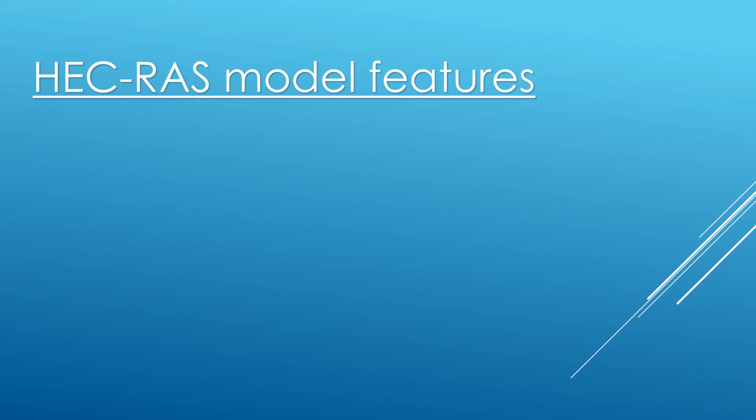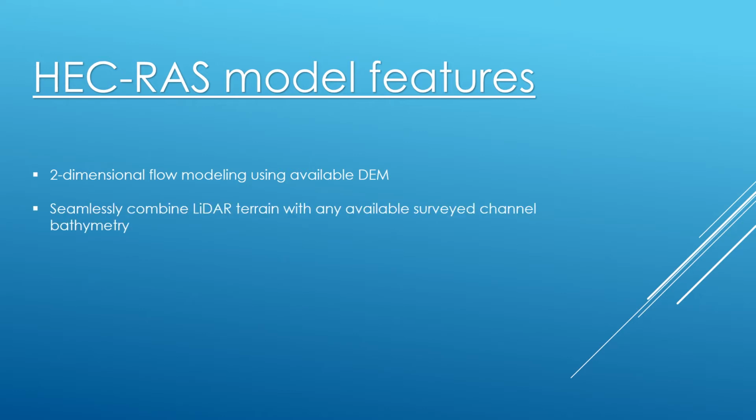Some of the features of HEC RAS are the 2D flow modeling. You can seamlessly combine LiDAR terrain data with surveyed channel bathymetry. LiDAR does not pick up what is underwater, so a channel bathymetry must be added in.